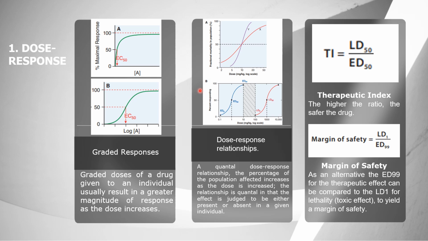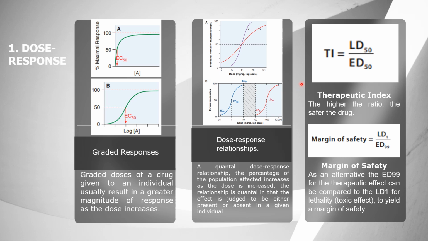A quantal dose response curve for the therapeutic effects of a drug generates the ED50, which is the concentration of a drug at which 50% of the population will have the desired response, and a quantal dose response curve for lethality by the same agent.